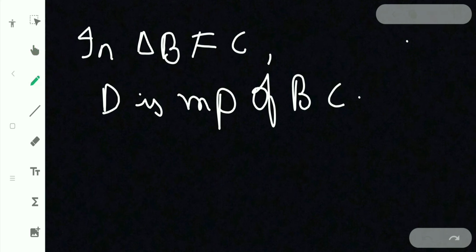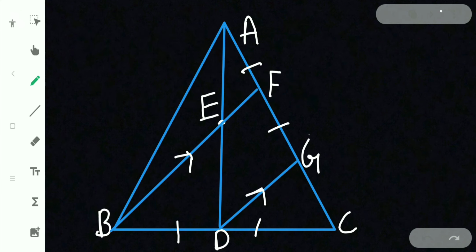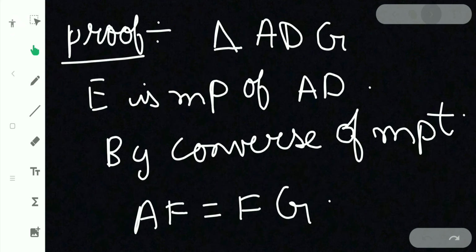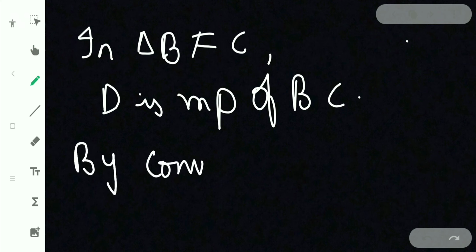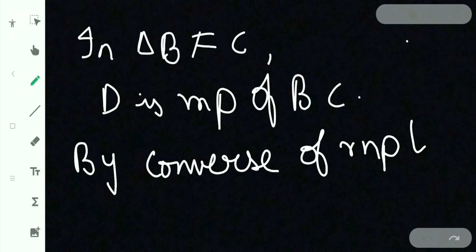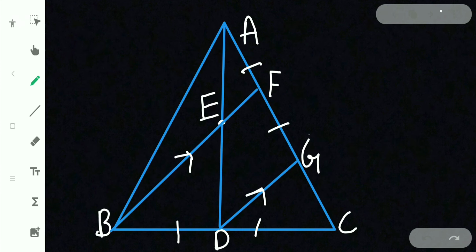DG is parallel to BF and a line is crossing through the midpoint to another side. So we can apply the converse of midpoint theorem. By converse of midpoint theorem, now we can say DG bisects FC.